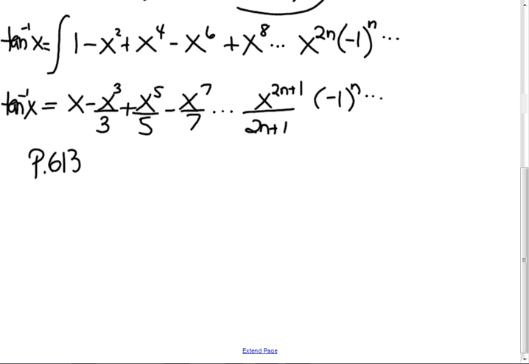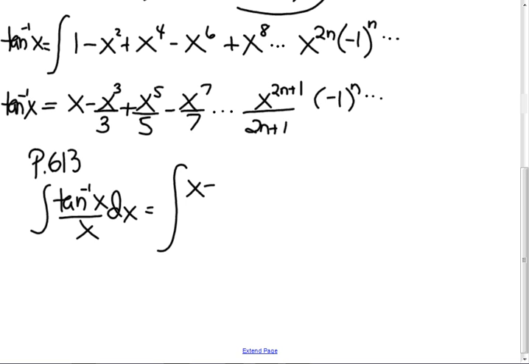Okay. There's some important things we got to get to, but now I want the integral of inverse tangent of x over x. So I have to divide by x. So it's x minus x cubed over 3 plus x to the 5th over 5. Now, you may see problems like this.